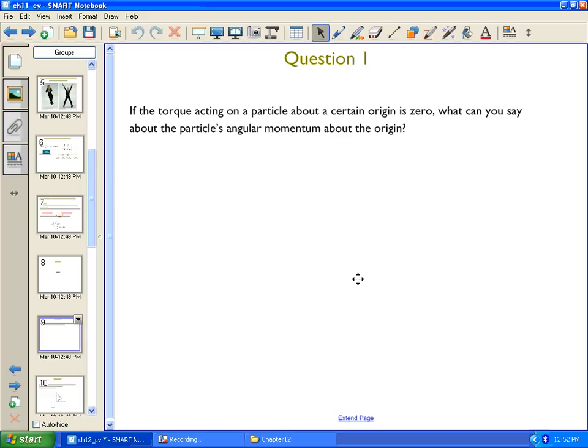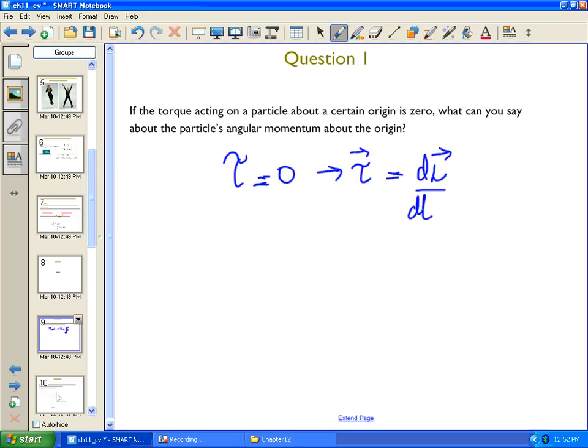Well, let's see. They tell us that the torque at the origin is equal to 0. But the definition of torque is given by the rate at which the angular momentum of an object changes with respect to time.